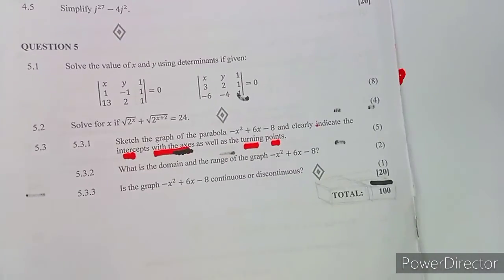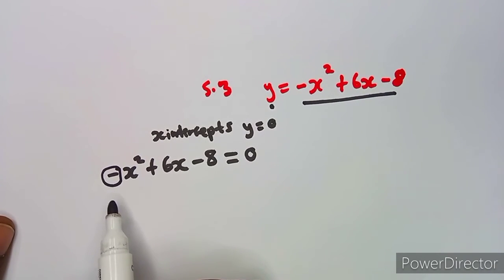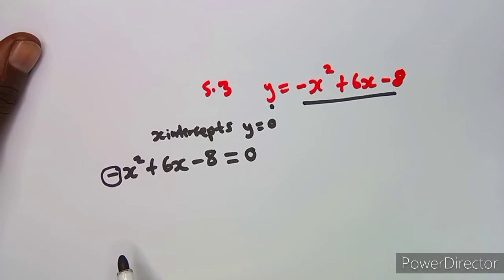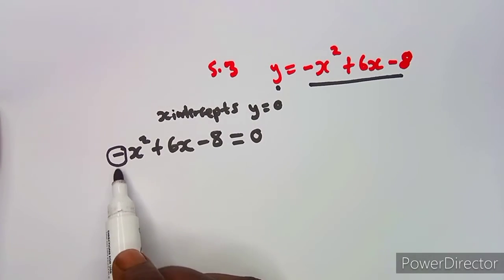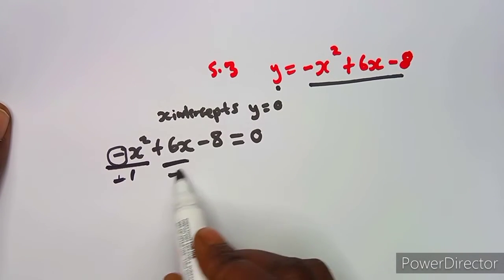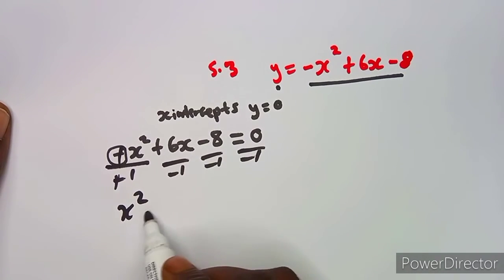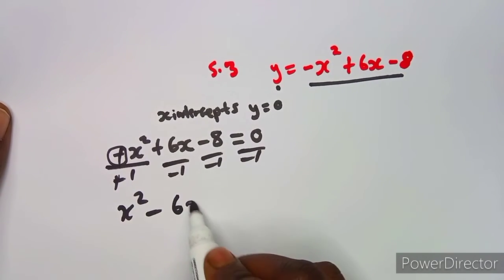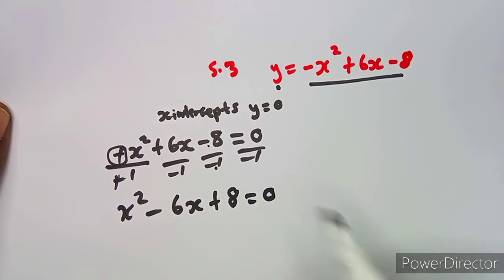So what type of equation am I going to solve there? We are given a quadratic equation, so I can simply make this x squared positive. This is possible, which means I have to divide by -1 throughout, so that at least I can work with a positive term instead of a negative here. So let's just divide, guys, which is x squared minus 6x plus 8, which is equal to 0, like that.